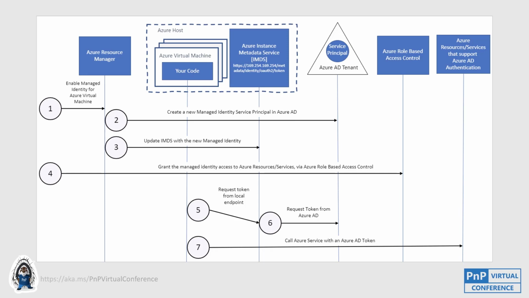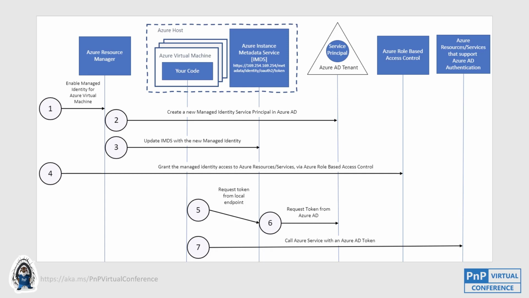At the same time, there's an update made to the Azure Instance Metadata Service with details of this new managed identity. What that does is create a certificate and a client ID and store that within the service. Once that has been set up, there's a request to the Azure Resource Manager to grant access to other Azure resources via Azure role-based access control.